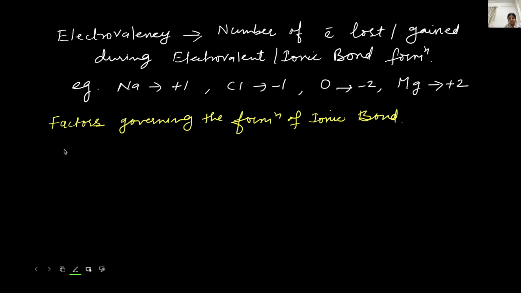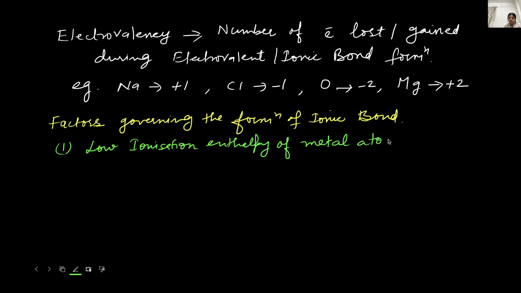So, the first factor which affects the formation of ionic bond is low ionization enthalpy of metal atom. We will understand the term ionization enthalpy with the help of an example, students.